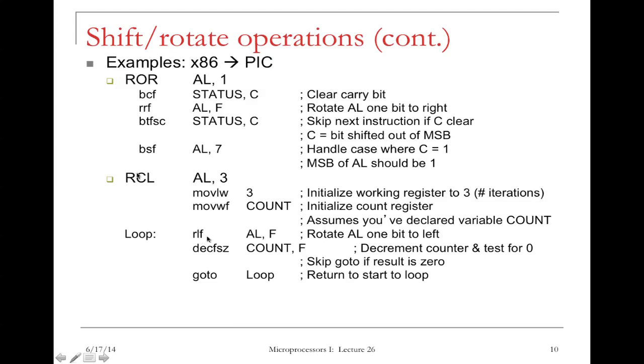Go back, we do RLF second time, and we decrement, count becomes 1. It's still not 0, so we're going to go back to the third time, RLF. And this time when we decrement, count becomes 0. So this DECFSZ, the condition is true, so we're going to skip this go to instruction and go to the next one.